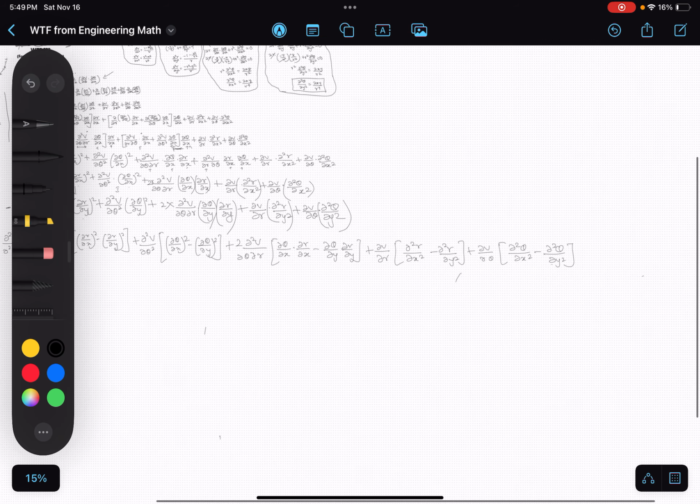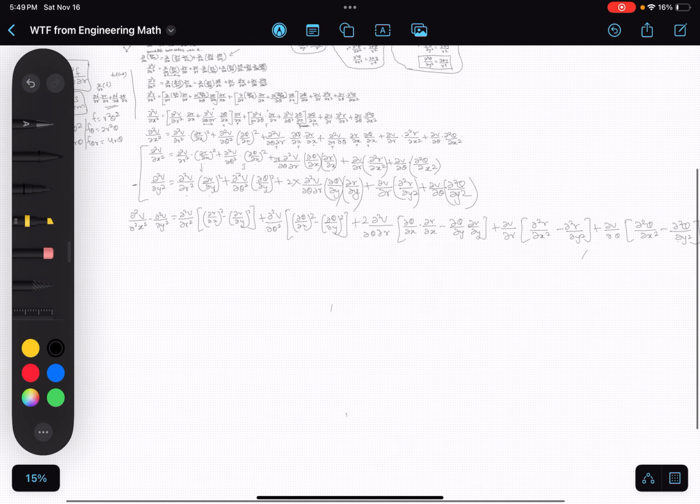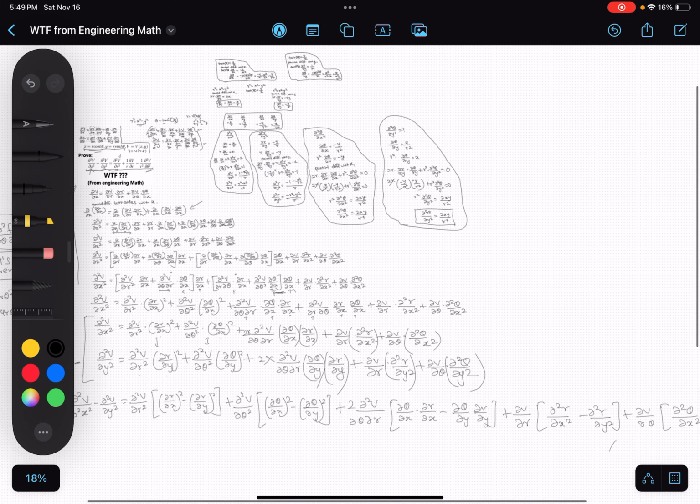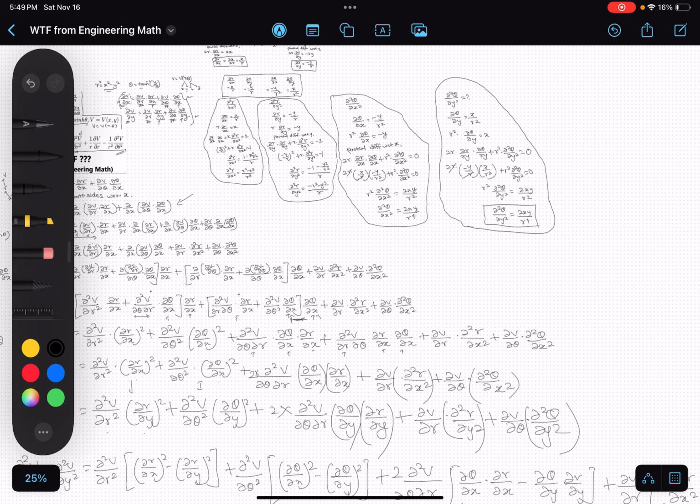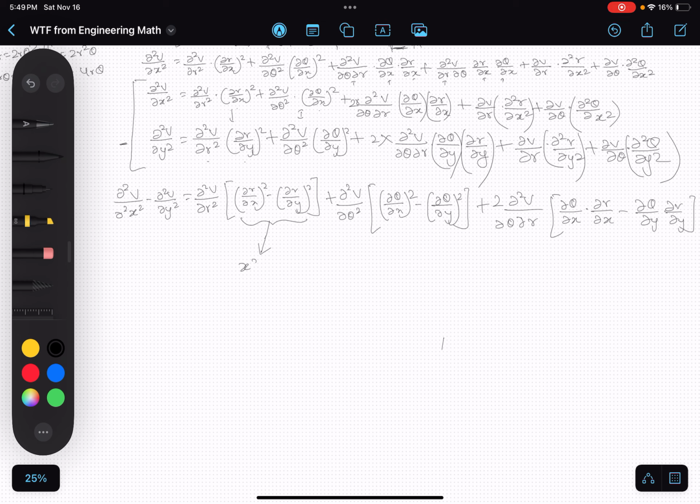Now we just need to see how they end up. Let's analyze things. Over here, partial r partial x and partial r partial y are x by r and minus y by r, right? So this will be x by r times x by r minus y by r times y by r, that means x square by r square minus y square by r square.